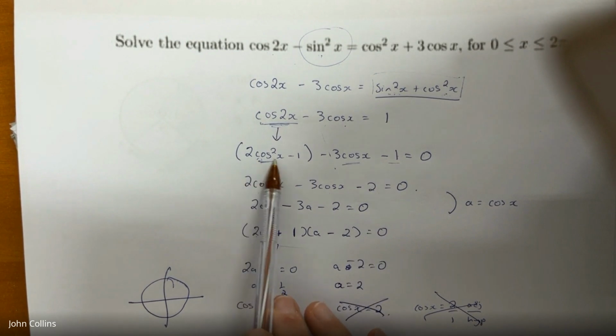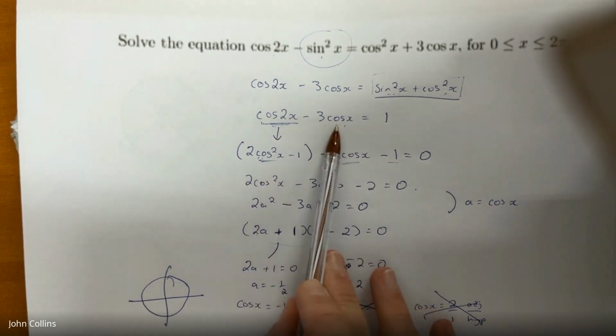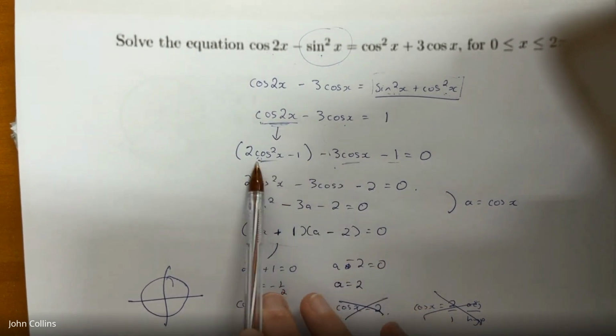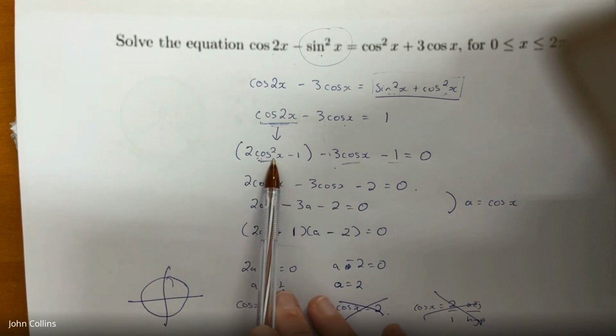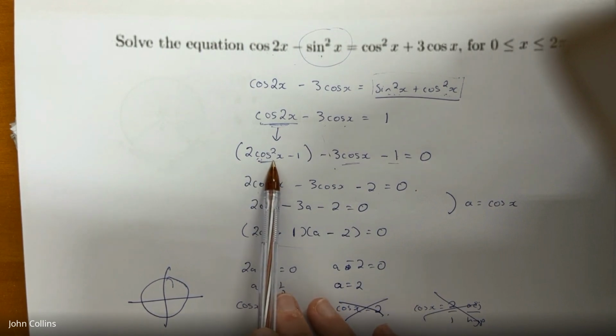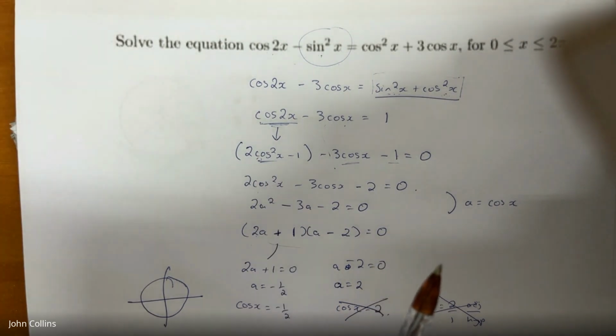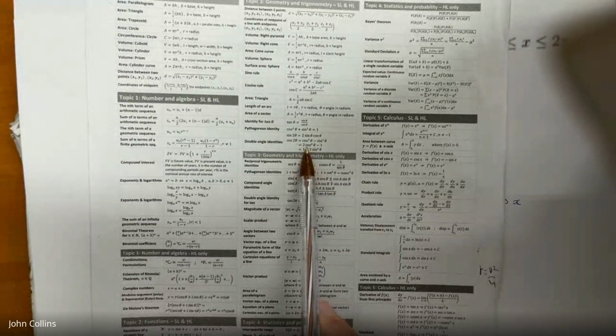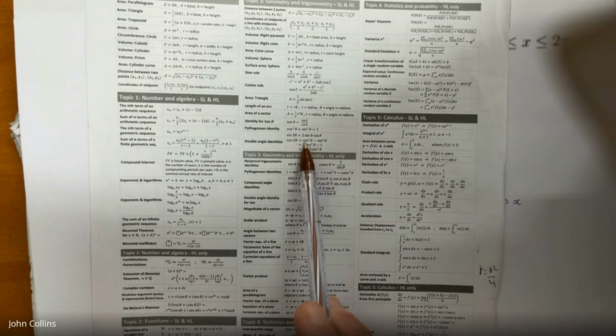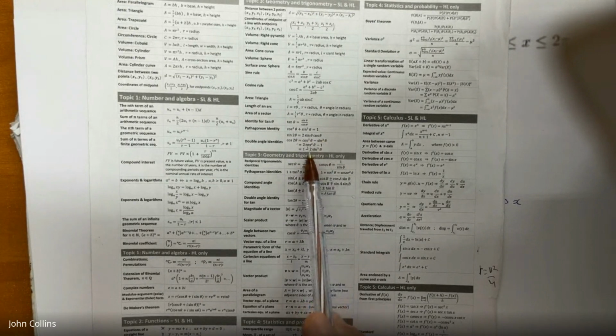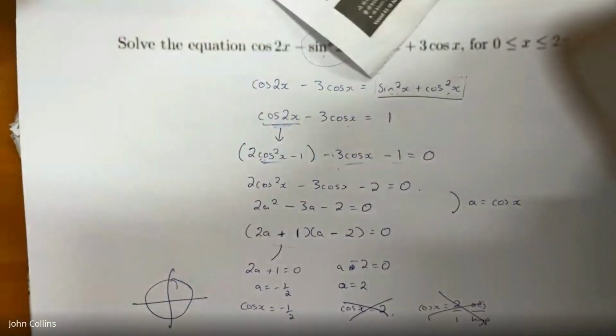This one I needed to stick with cosine because I already had it, and cos squared is the one I picked. The identities are in your formula booklet. This is the only one with cosine squared in it, the other one has cos and sine, and this is the only one with just cosine in it. So that's why I picked that one.